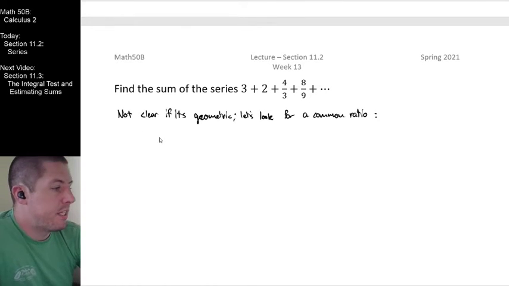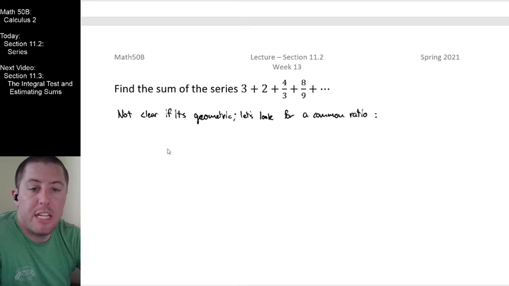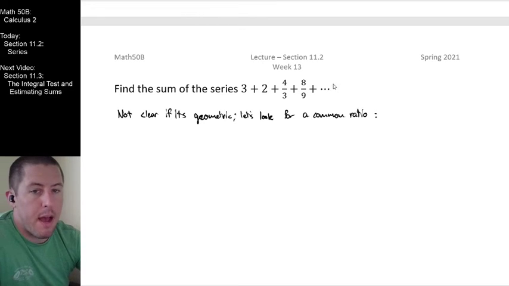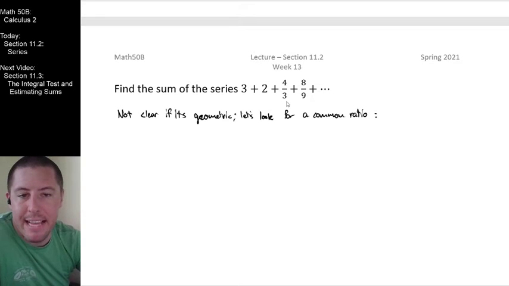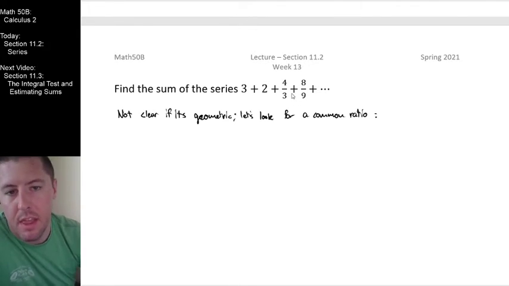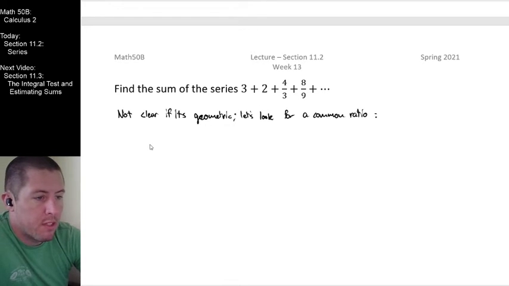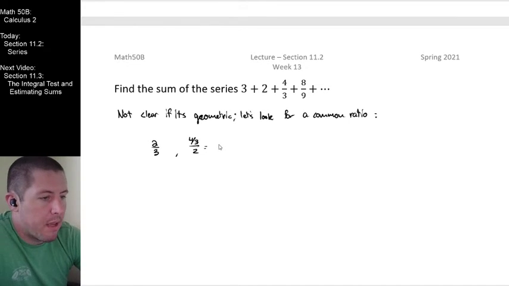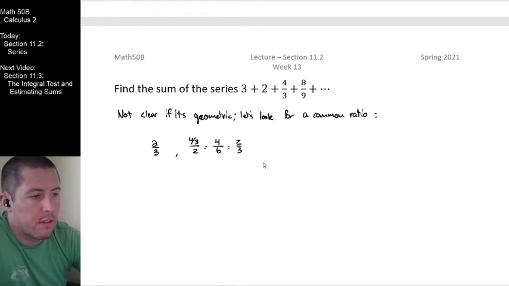So what I'm always interested in doing is finding my ratio of two terms, right? If each of these represents an a sub n, an individual nth term in a sequence, then I want to do the ratio of two of them. So I'm going to get 2 over 3. I'm going to get 4/3 over 2, and that's going to be the same thing as 4 over 6, which is 2/3, right?